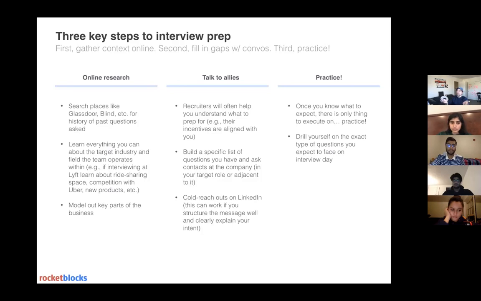And then the last thing is practice. All of these questions that we're talking about get easier the more you go through the motions. Some of this stuff is a little unnatural to talk about for the first time. One of the challenges, especially for folks like yourself who often come from technical backgrounds, is that when someone asks you a technical question, it's easy to get stuck in the weeds, because you know that topic really well.